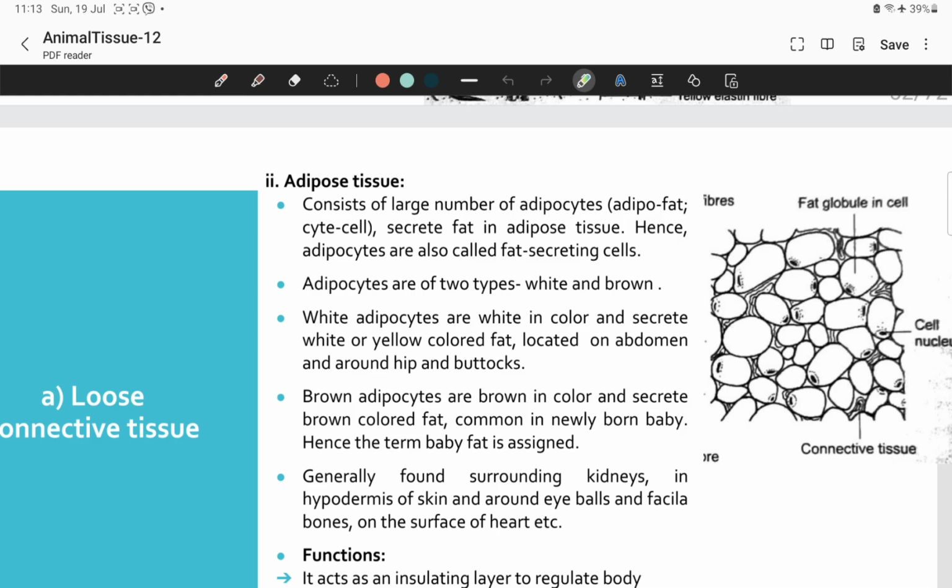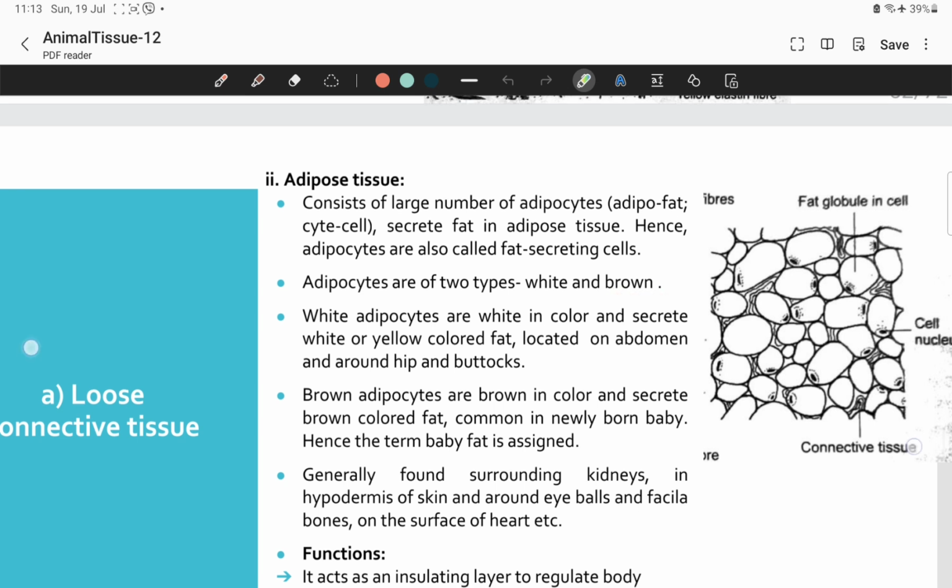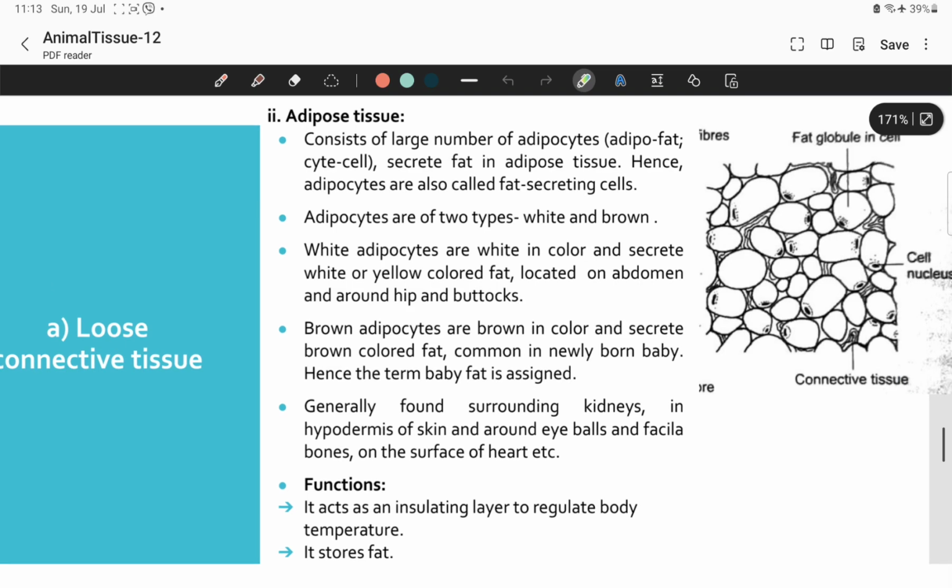One is white adipocytes and the other is brown adipocytes. White adipocytes are white in color and secrete white or yellow colored fat. This fat is mostly located in the abdomen and around the hip and buttocks.